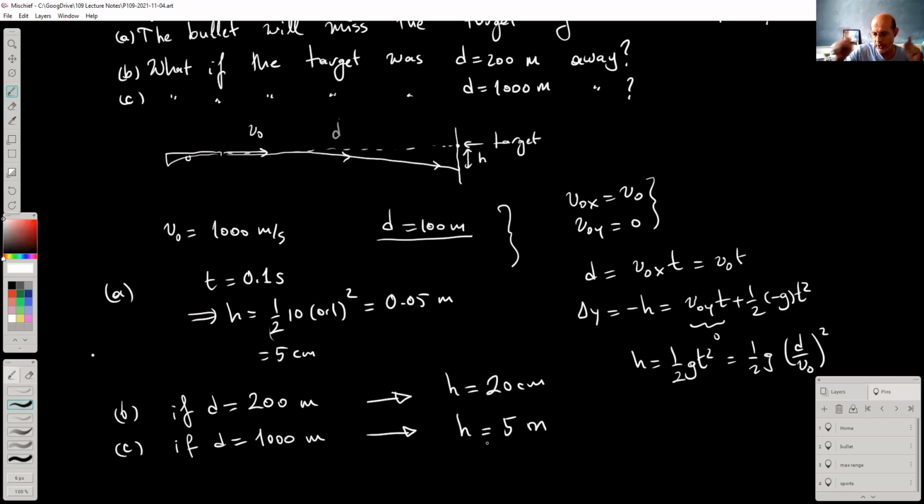Okay, so if the target is too far away, then the missing distance is actually quite large. And because of that, if the target is far away, you have to take care of these kinds of effects and take them into account, right?